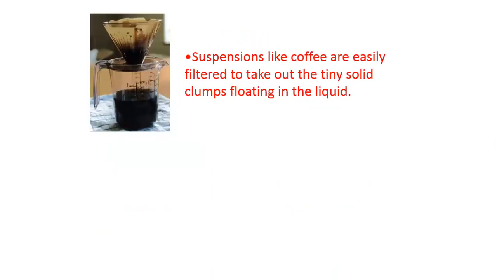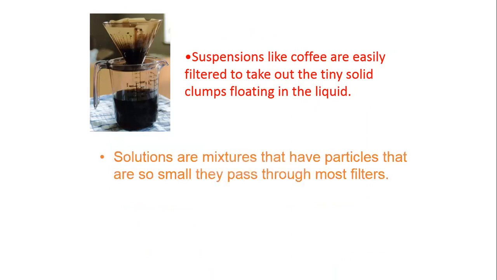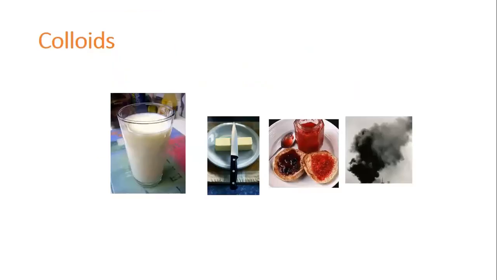Look at the suspension like coffee, easily filtered to take out the tiny solid clumps floating in liquids. Solutions are mixtures that have particles so small they pass through most filters.